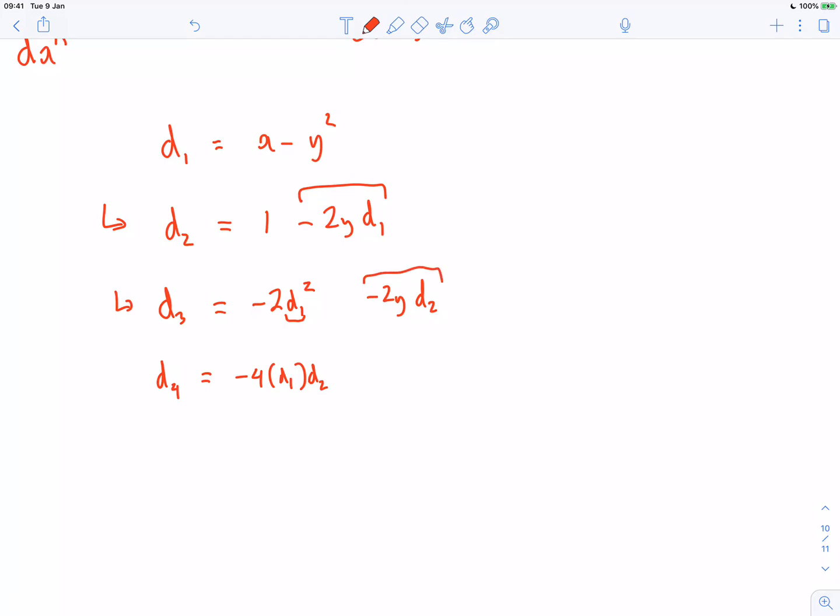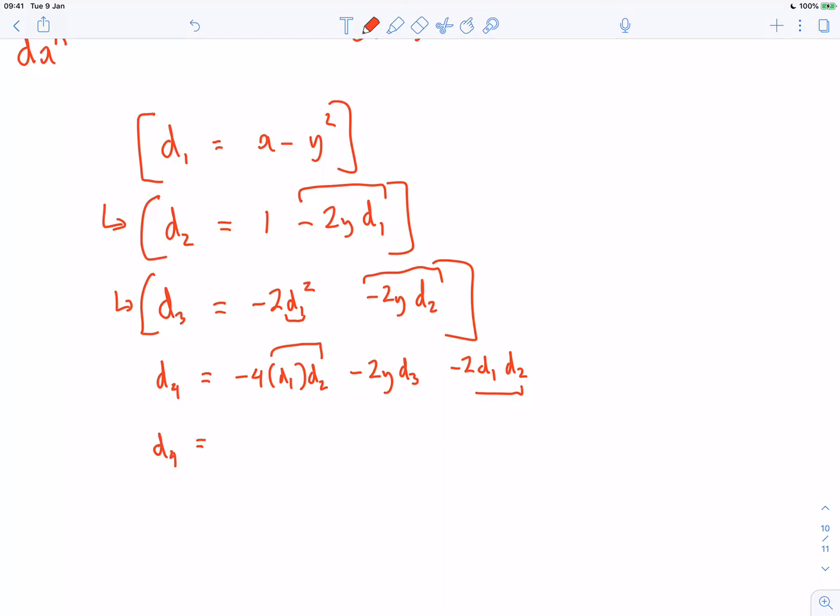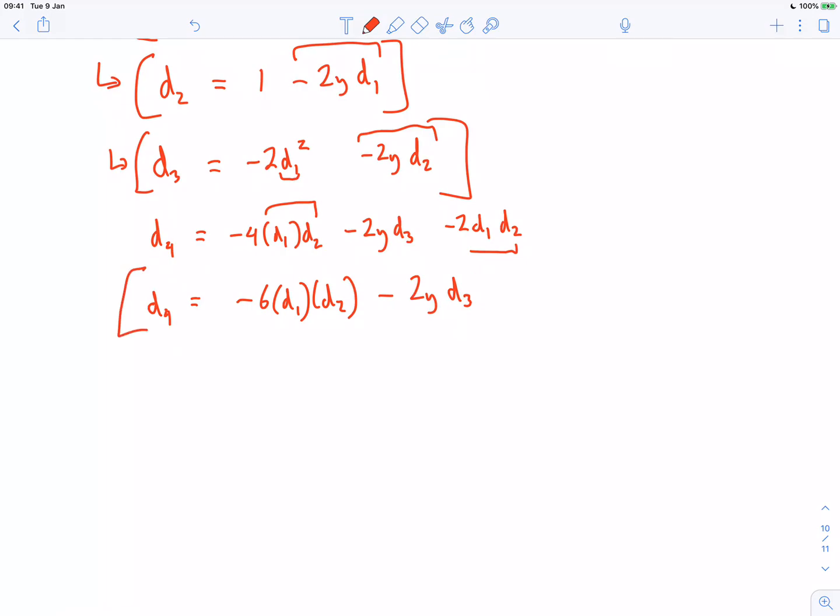I'll leave the minus 2y alone, differentiate the d2 to make it a d3, and then plus, differentiate the minus 2y, which becomes minus 2 times d1, and then leave the d2 alone. Let's tidy that up a little bit before we go on. I've got a d1 d2 there, and a d1 d2 there. So I've got minus 6 lots of d1 times d2, and minus 2y lots of d3. So that's my final answer for d4.